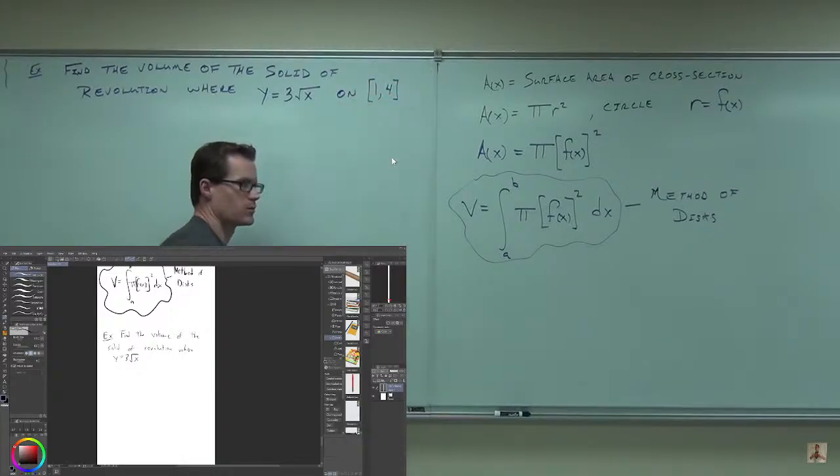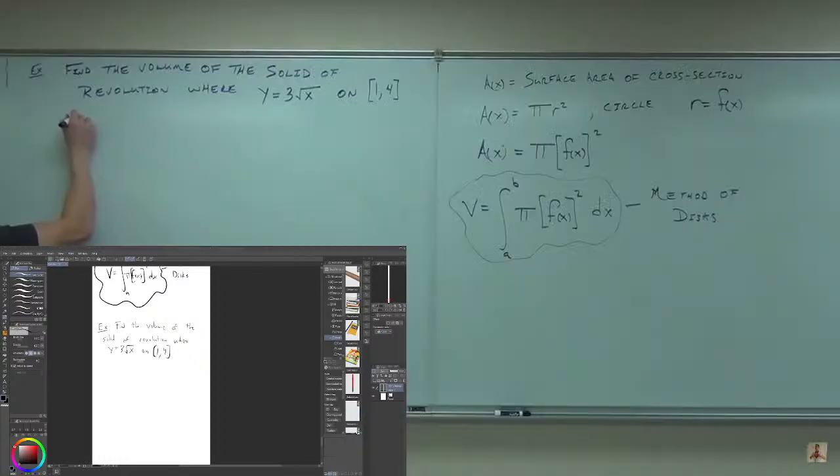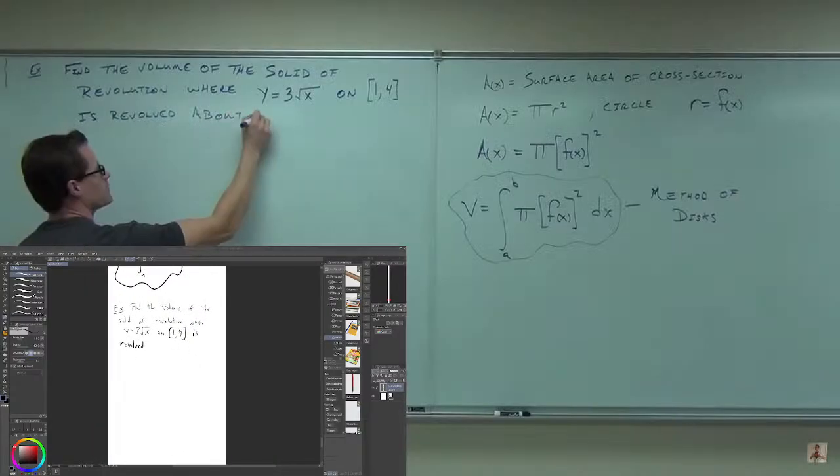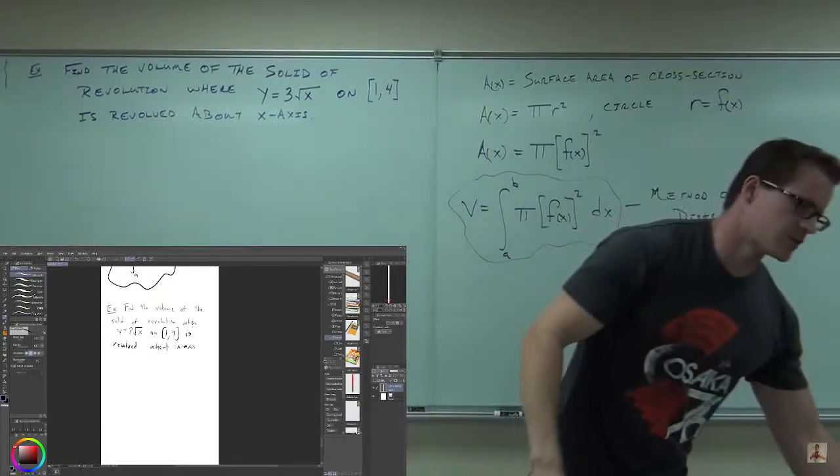I'm going to give you some interval. It is revolved around the x-axis. So we're going to find the volume of the solid revolution.